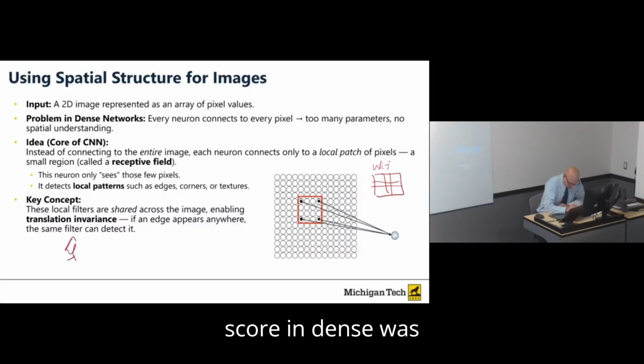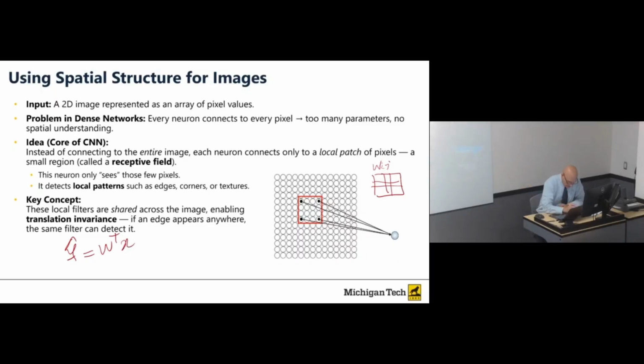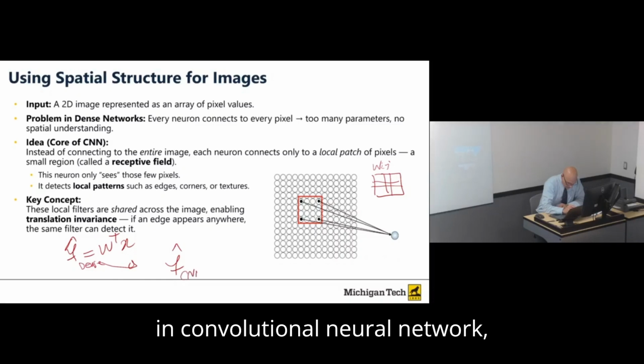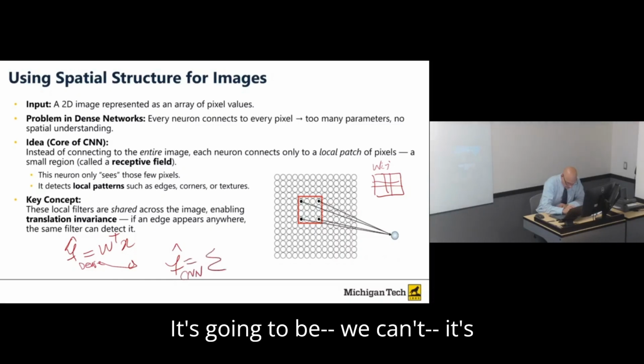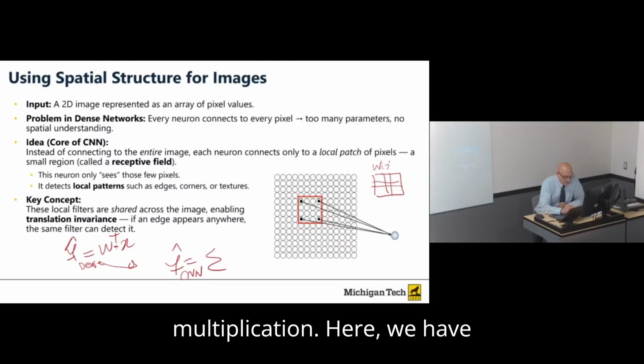The score in dense was W X, if we consider X as the features. But in a convolutional neural network, it's not like multiplication.